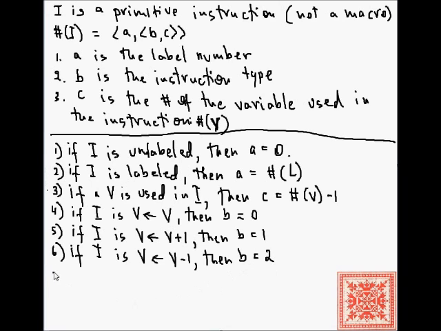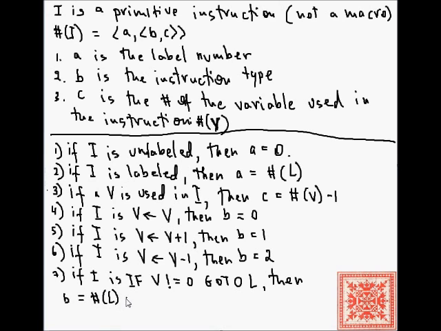And finally, if I is a conditional dispatch, so it's of the type if V is not equal to 0 then go to L, where L is some label, then B will be equal to the position of L plus 2.